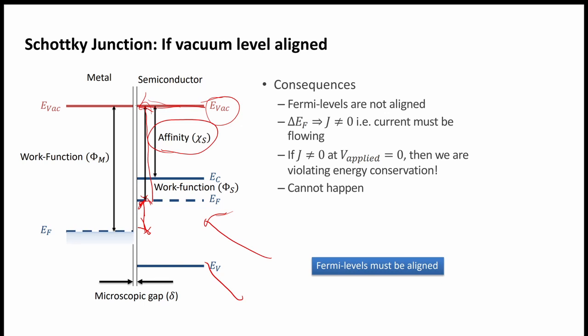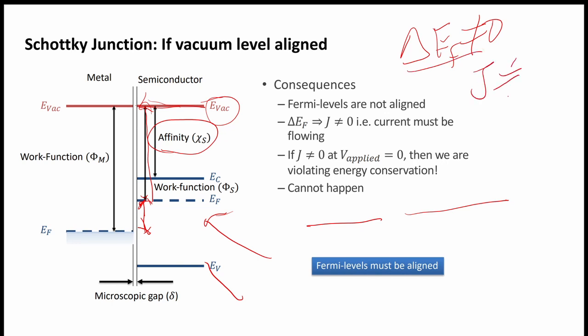If the Fermi level is not constant throughout the metal-semiconductor junction, then what will happen? There will be a current flowing. If delta EF is not equal to 0, then J is not equal to 0, and there is a current. But at equilibrium the current should be 0.